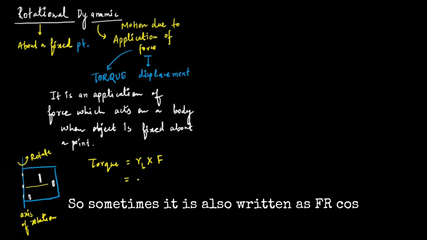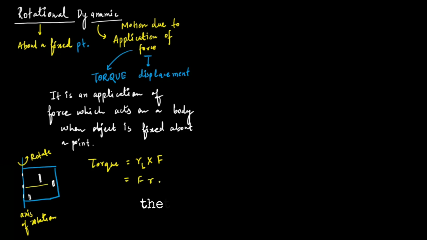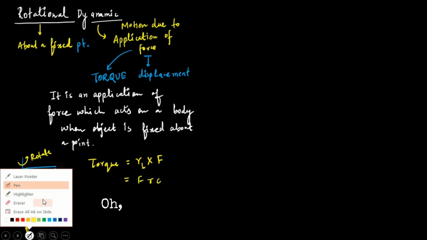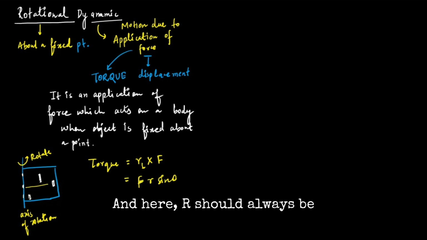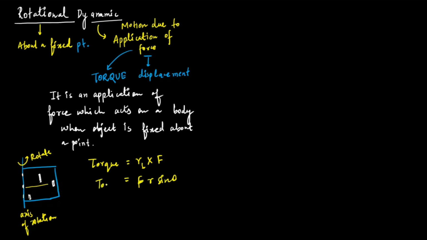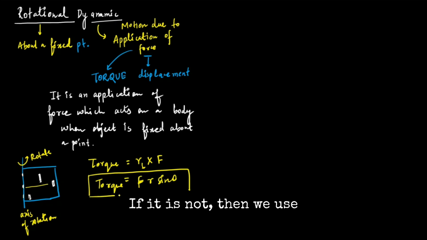Sometimes it is also written as rF cos theta or rF sin theta. This is the cross product. If r is perpendicular, it is fine. If it is not, then we use rF sin theta.